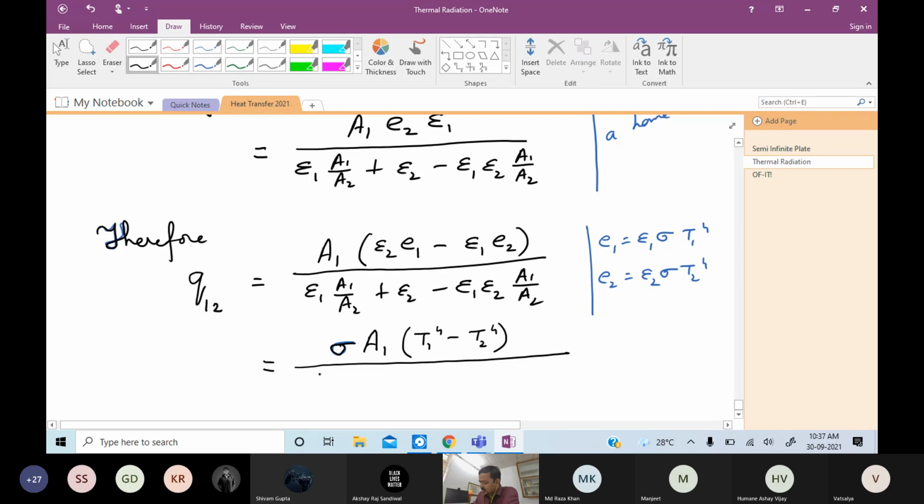divided by, look at this, so beautiful, 1 over epsilon 1 plus A1 over A2 times 1 over epsilon 2 minus 1.